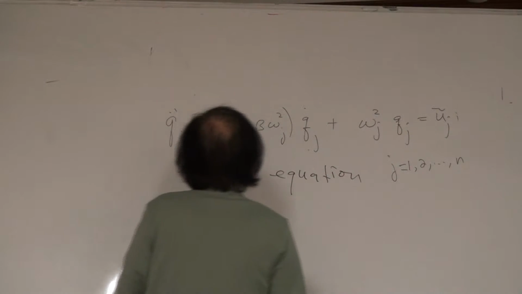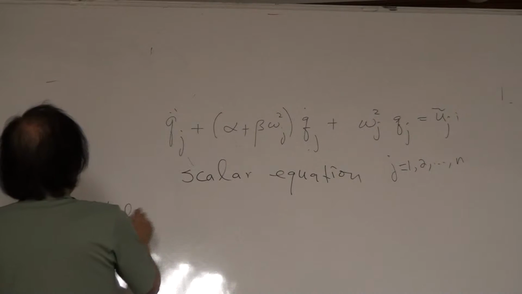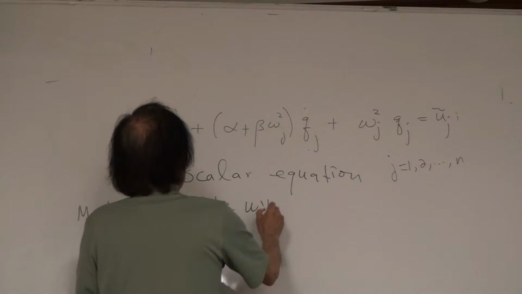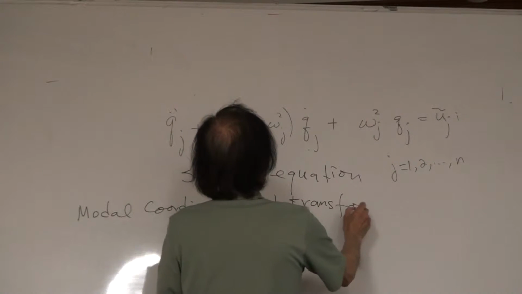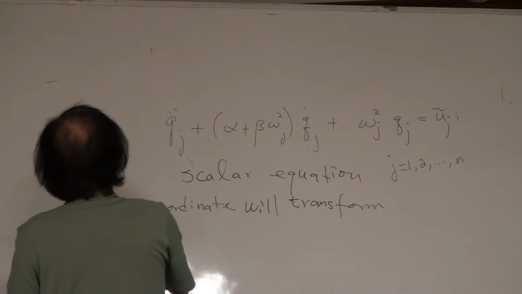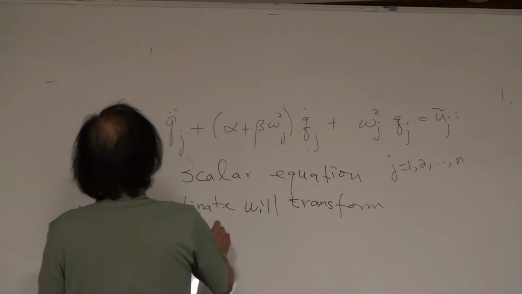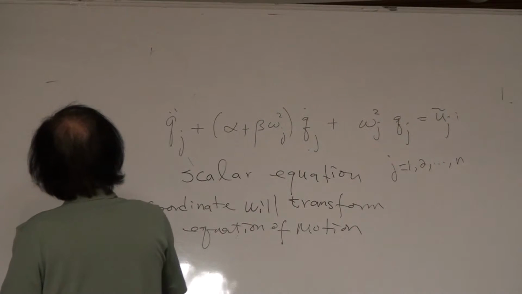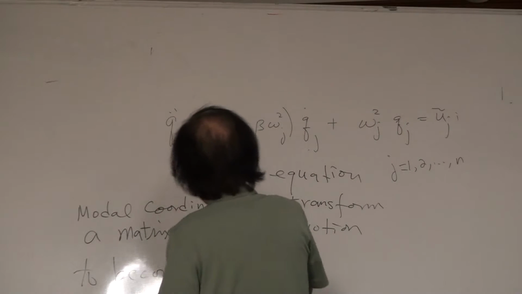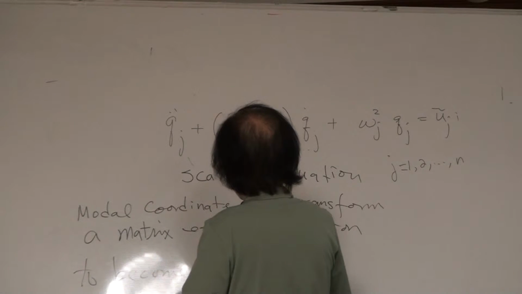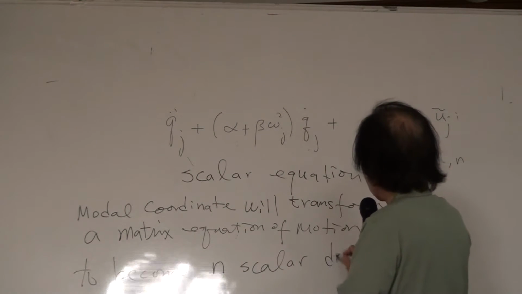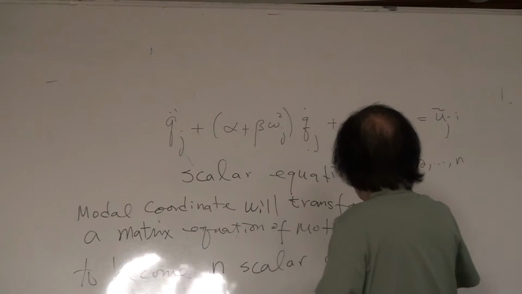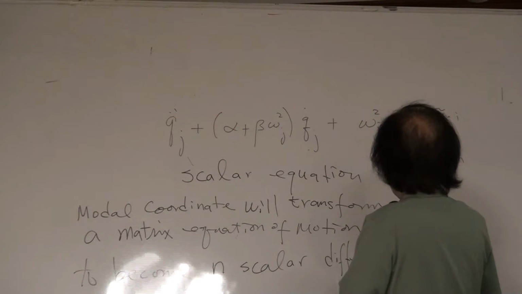So the modal coordinates, if they are proportional damping, will transform a matrix equation of motion to become n scalar differential equations of motion.